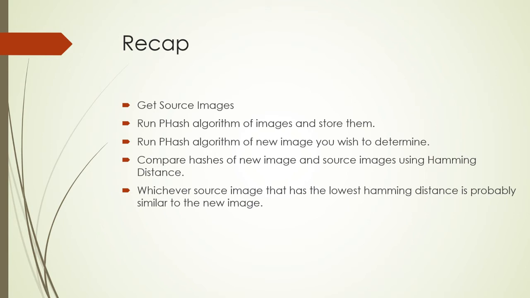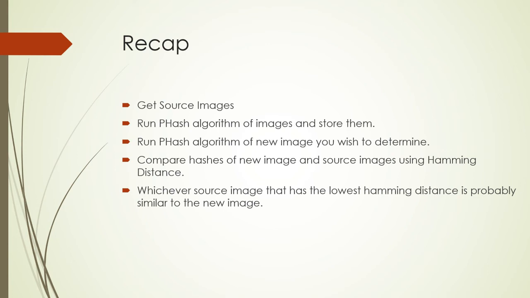Now that we've done that, let's say we took a picture of a card, okay, and we run the p-hash algorithm through that picture of the card. We now compare the hashes of the card I took a picture of with the camera and the source images that I p-hashed, and then compare those hashes with the Hamming distance.